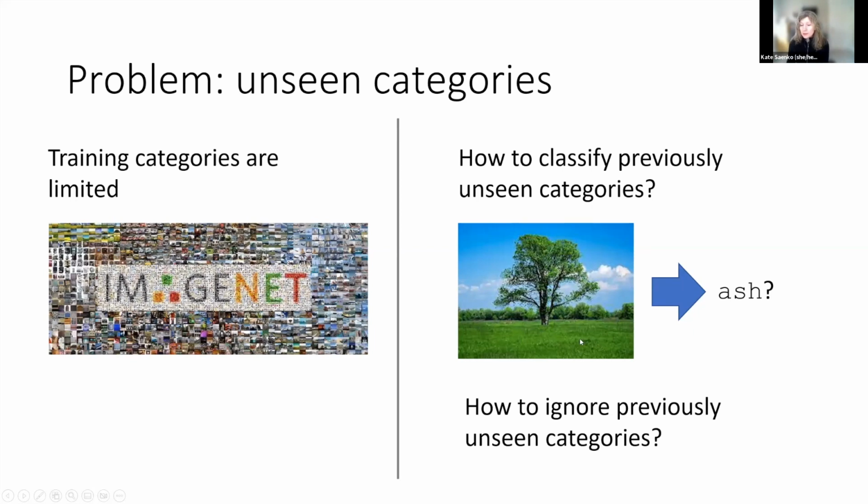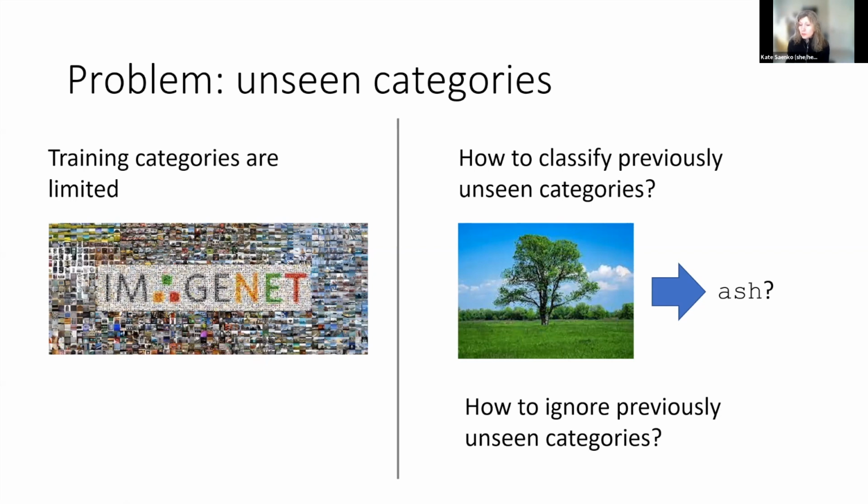So like, is this picture of this tree an ash tree? Or is it some other type of tree? Ash may not have been a label during our pre-training. Can we somehow infer whether this new kind of category is present in the image? That's called zero-shot classification, of course.